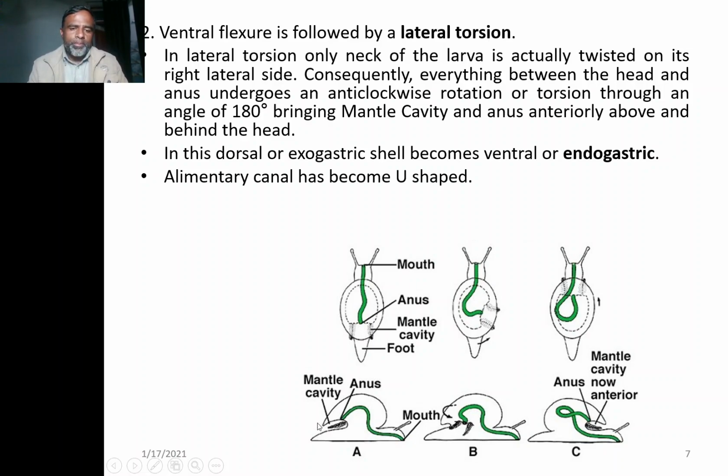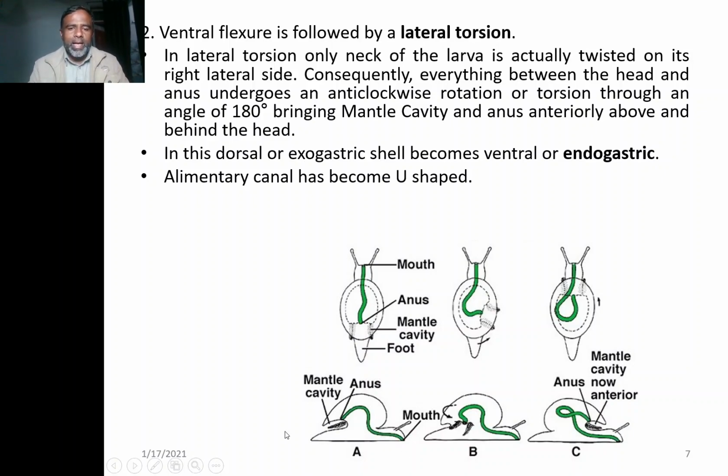Prior to torsion, you can look at this visceral mass, which is very heavy and located more to the anterior side. After rotation, the visceral mass comes to lie exactly in the center of the body, thereby giving a good balance. This is one significance.